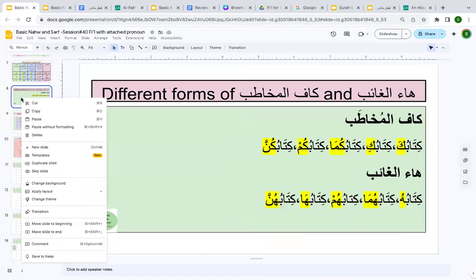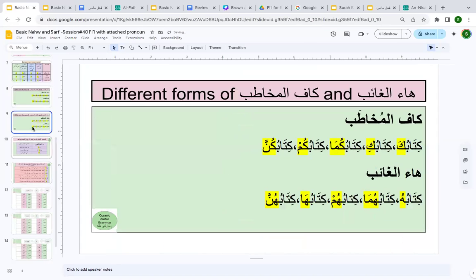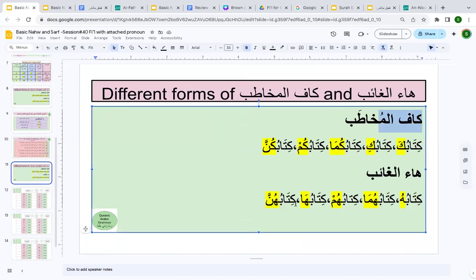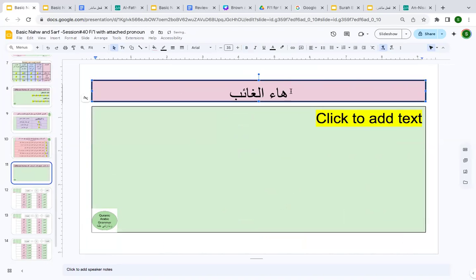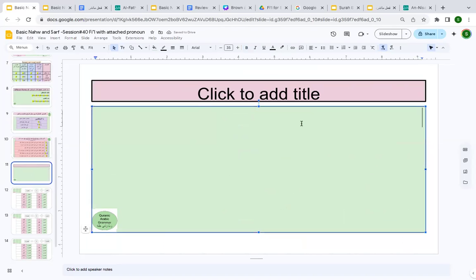anytime your pronoun gets attached to a fail, and we are not talking about the inbuilt one. We are talking about the attached pronoun, in addition to the pronoun of the fail, like the has and the kas and the yas and the nas. When they come up and attach themselves in addition to the pronoun of the fail, they are nasb in status, because they are detailed.